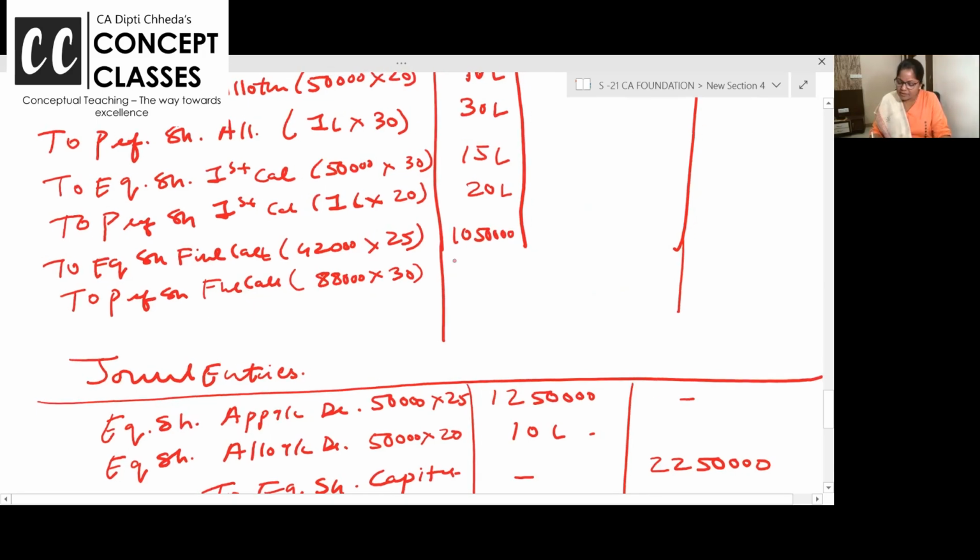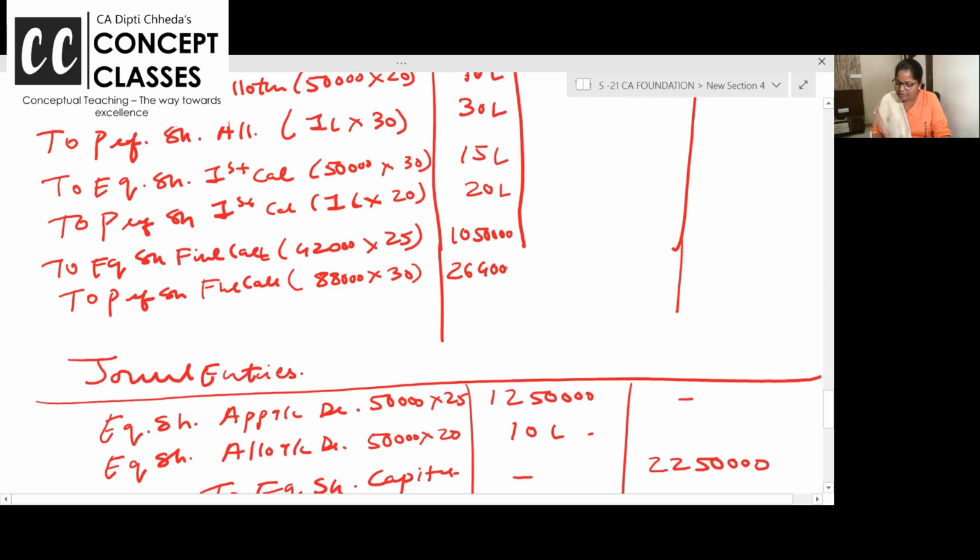Preference shares, out of 1 lakh, only 88,000 have paid 30. 26,40,000. Remaining, what have not come? That will actually go to the call in arrears.